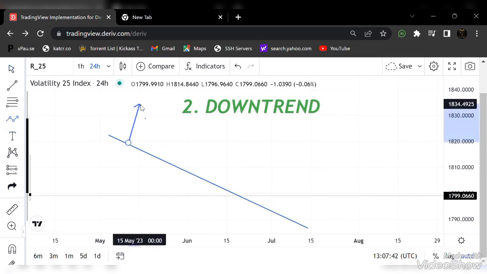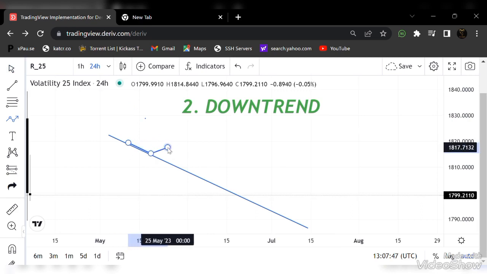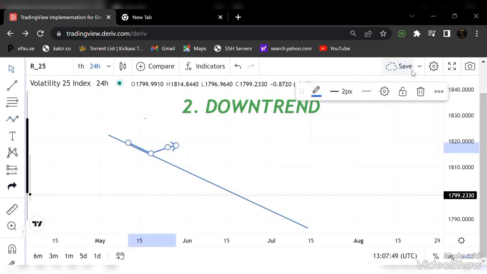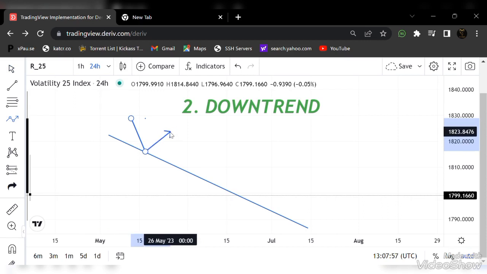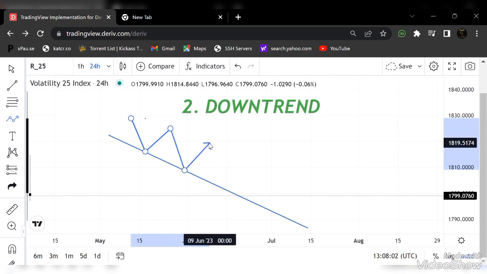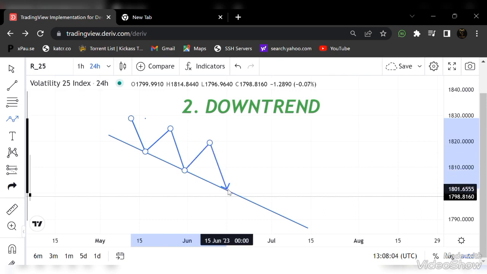So if we are in a downtrend, price will be creating lower highs and lower lows, lower highs, failing to break the previous lower high, as you can see, and then low.